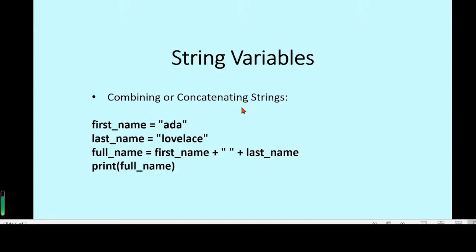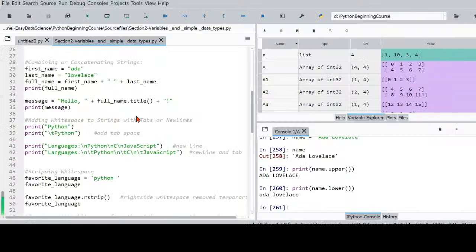Combining or concatenating strings. So this is a string first name, and this is a string for last name. So you can create a string called full name using first name plus a space symbol and then last name. Then you can print it out.